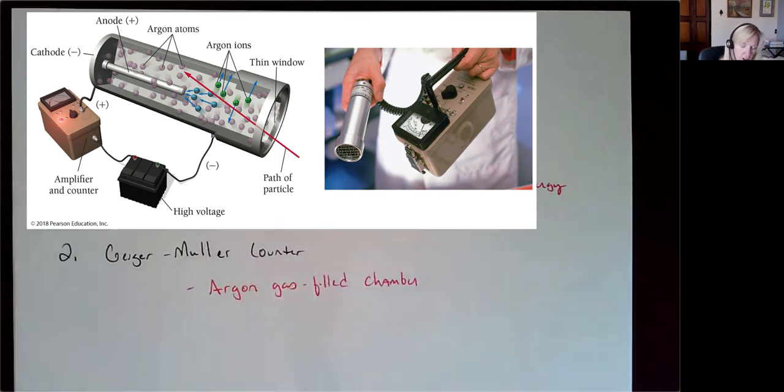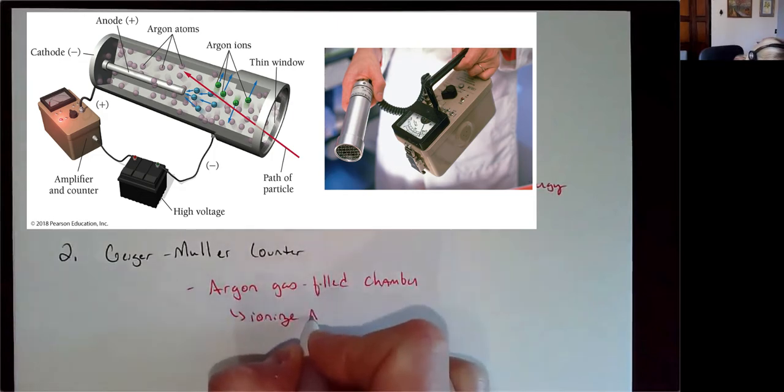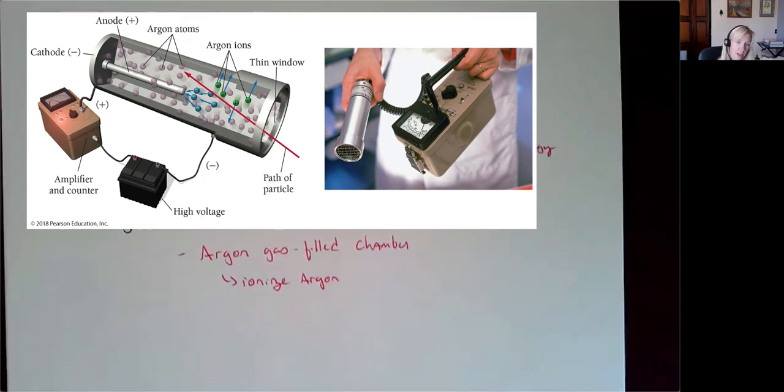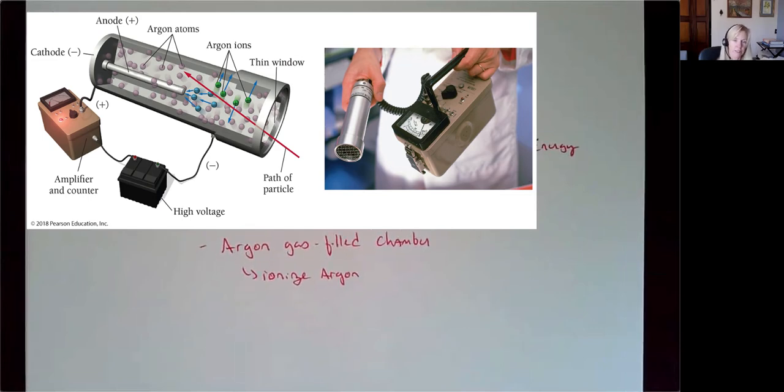And if there is radioactivity happening, those particles are going to ionize the argon. So remember we talked about the ionizing power of all the different decays. So alpha decay had the highest ionizing power, but the lowest penetrating power. And so that ionizing power, if I have an inert gas and it's subjected to radioactivity, that radioactivity is going to ionize that gas.